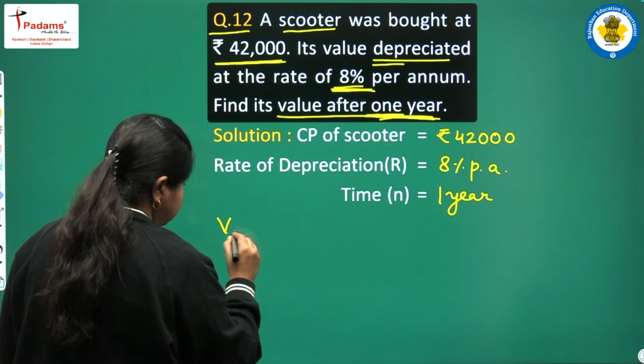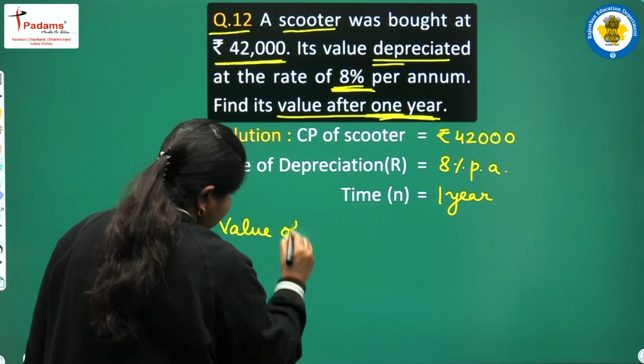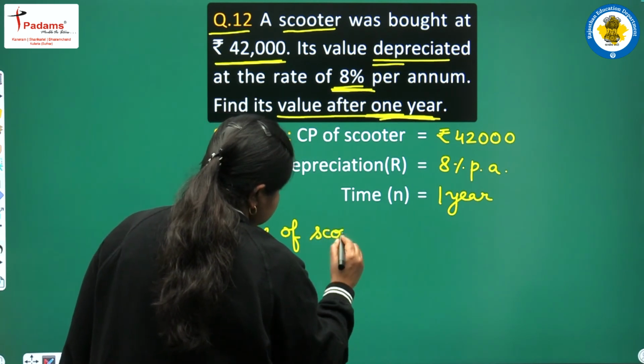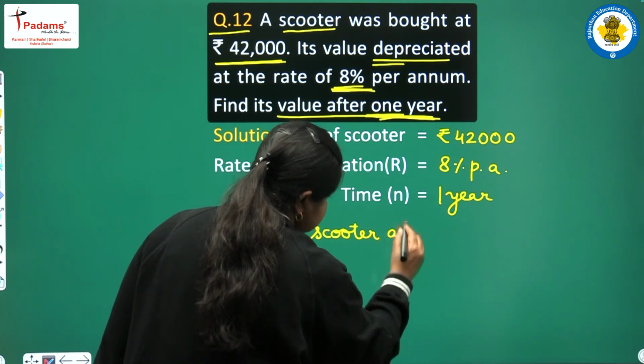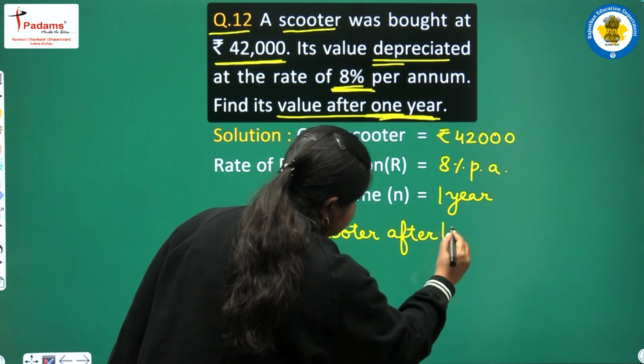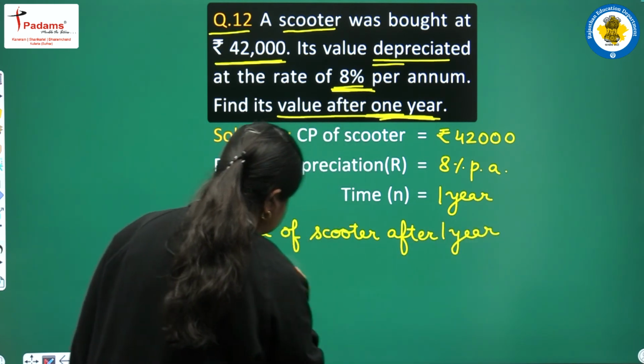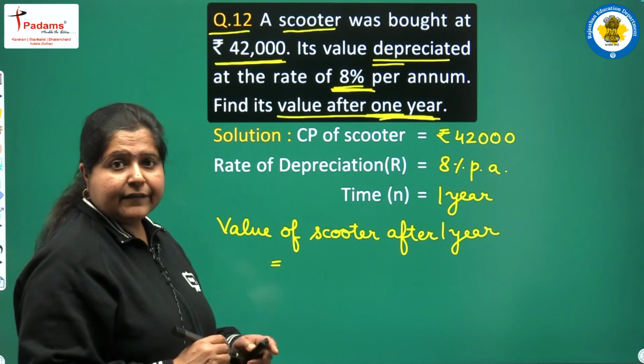So we can write here value of scooter after 1 year, it will be equal to, which value will we take first?